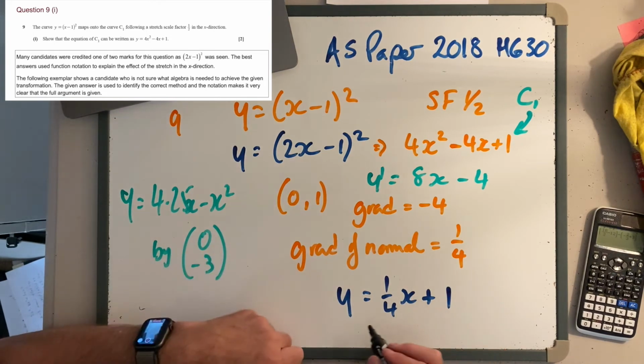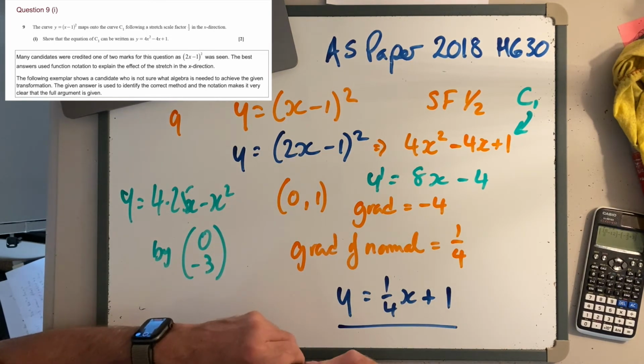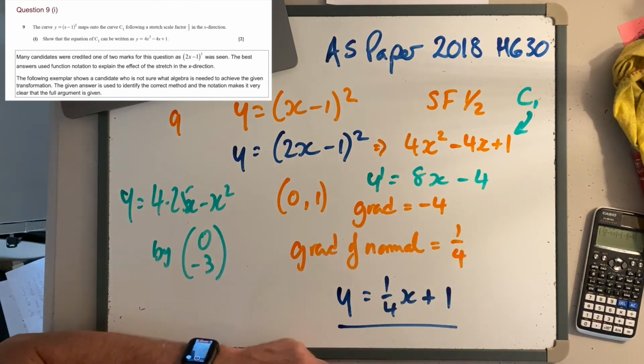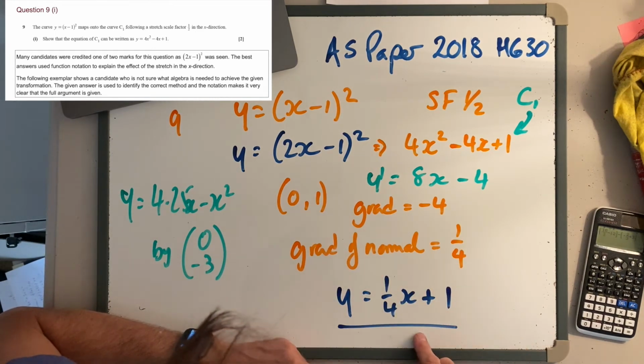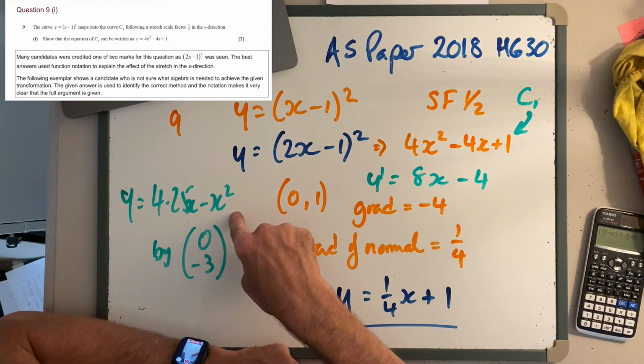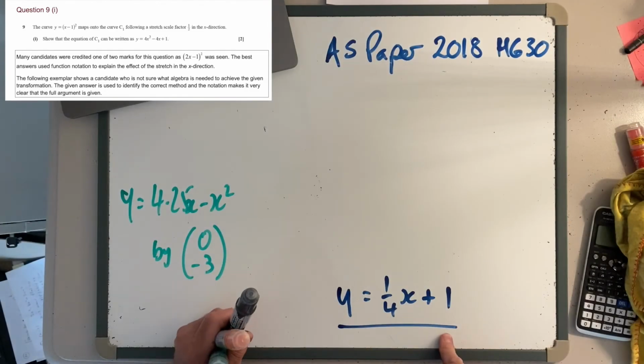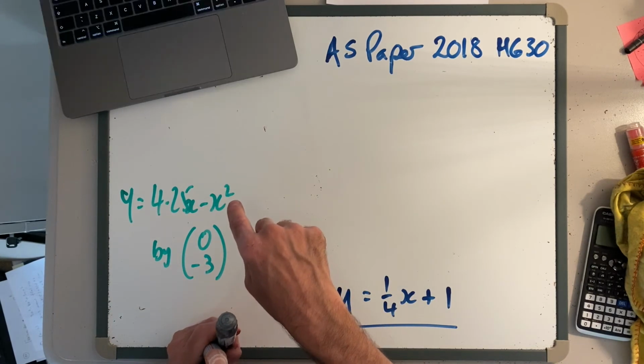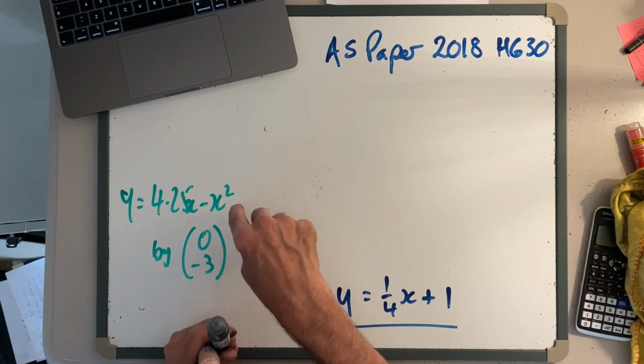So now let's look at the question. I might have to wipe this off. It says show that the normal at the point (0, 1) is a tangent to the translated curve.